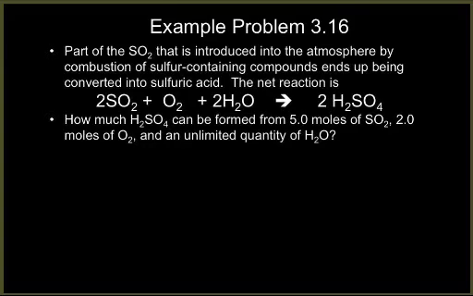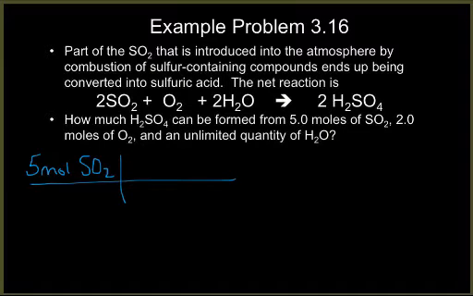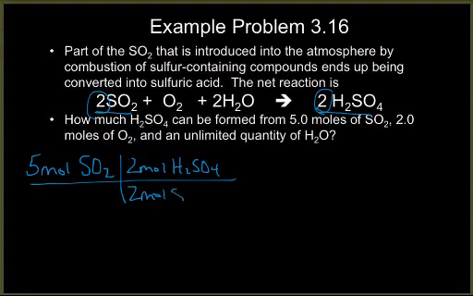We're going to start with 5 moles of SO2. The gram to mole conversion there has already been done, so we can go straight to moles of H2SO4. That's a 2:2 ratio, so there's 2 moles of H2SO4 for every 2 moles of SO2.